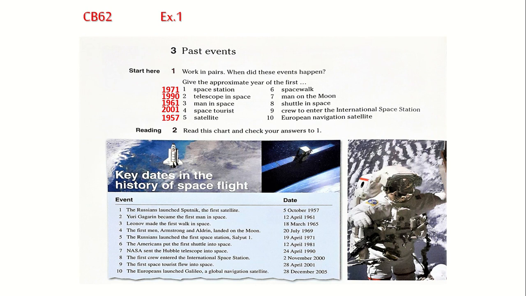The first spacewalk, 1965. The first man on the moon, 1969. The first shuttle in space, 1981. The first crew to enter the International Space Station, 2000. And finally, the first European navigation satellite, 2005.